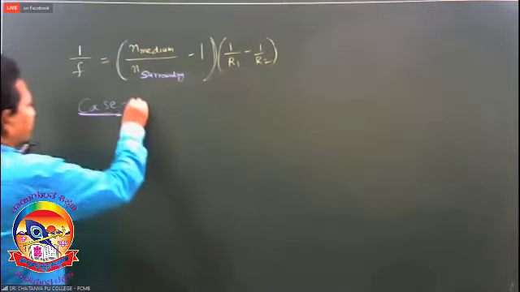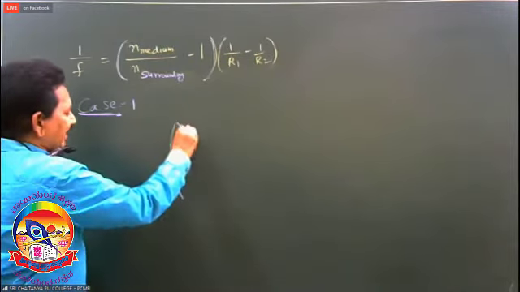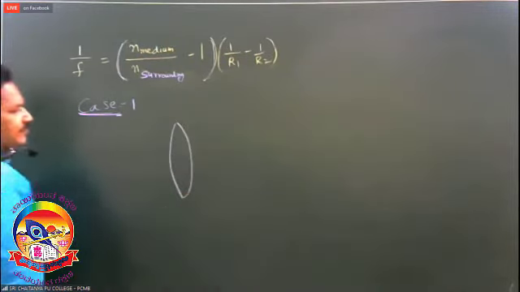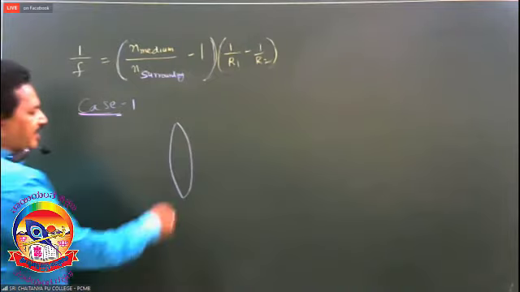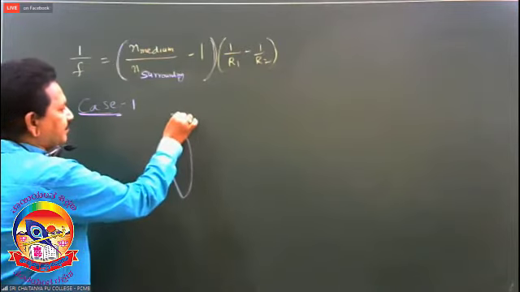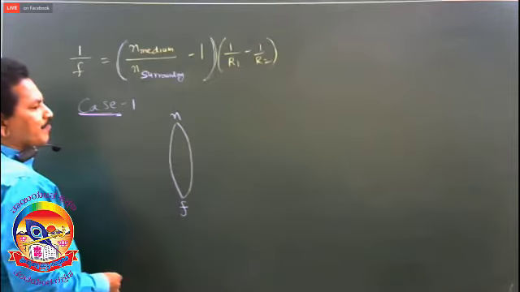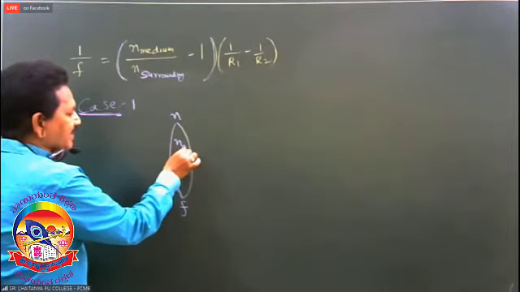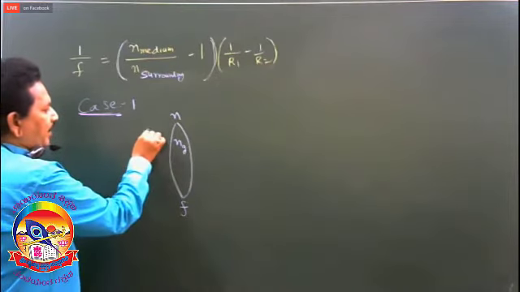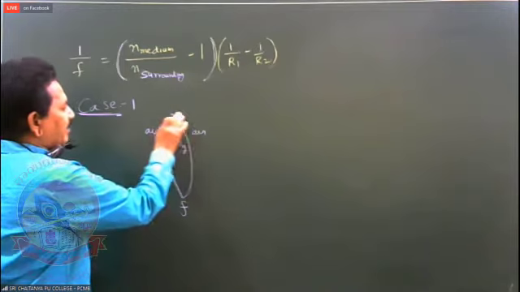Case 1. Initially, the lens is in air medium. This is the lens, with refractive index N and focal length F. This is made of glass, and it is surrounded by air medium.